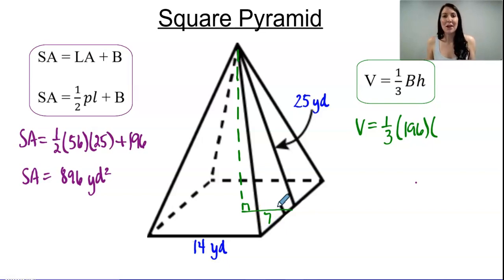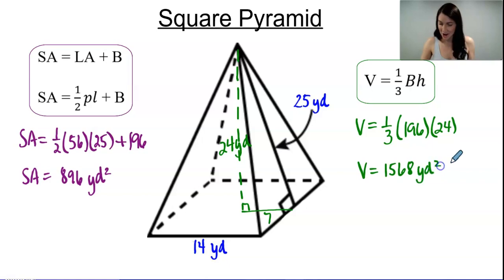You can use the Pythagorean theorem to solve for the height, or you may recognize a Pythagorean triple of 7, 24, 25, or a height of 24 yards. So over here, we'll multiply by a height of 24. Multiplying these together gives us a volume of 1,568 square yards.